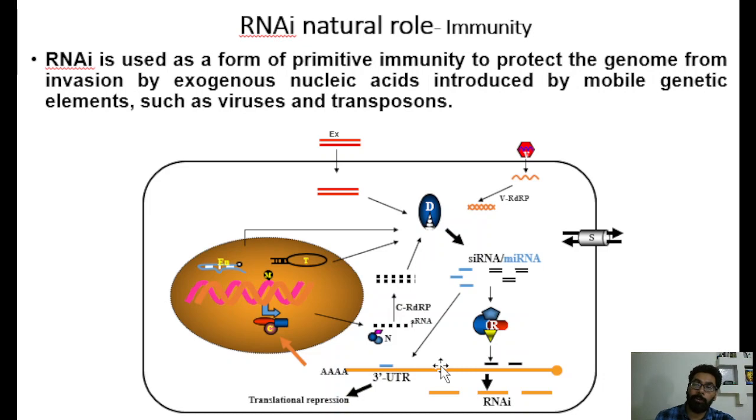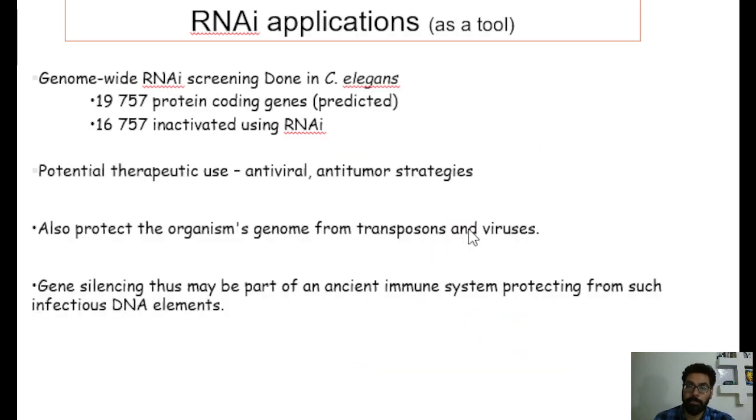So it provides natural immunity to plants against different viruses, transposons, or mobile genetic elements that show abnormal structures, that is, double-stranded structures.